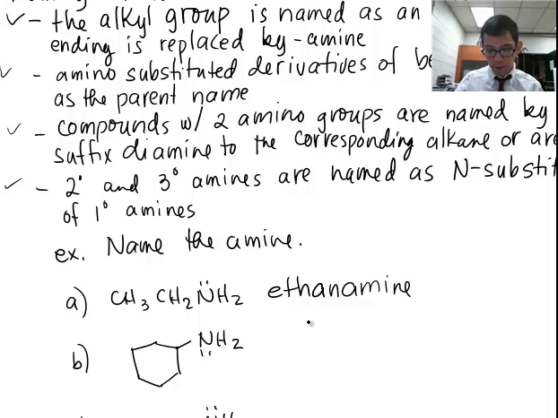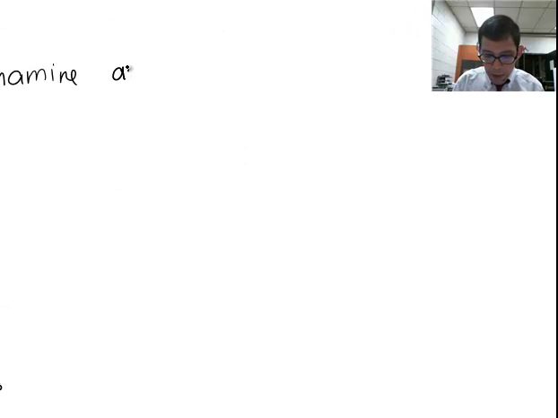So the name of this molecule is ethaneamine. An alternative is to call the NH2 the amino functional group, amino substituent. So this is aminoethane. So both are correct ways of naming that first molecule.